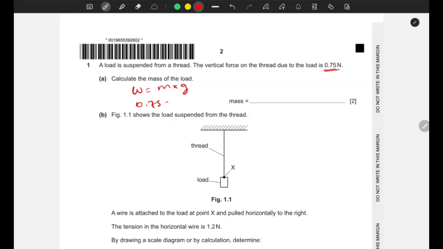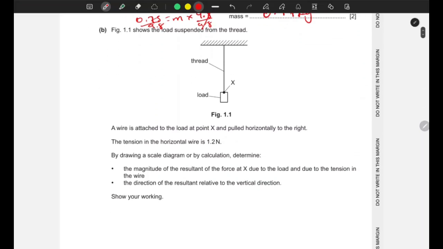So 0.75 equals mass times 9.8. We just divide both sides by 9.8. That would give us the mass to be 0.077 kilograms. That's going to be the mass.